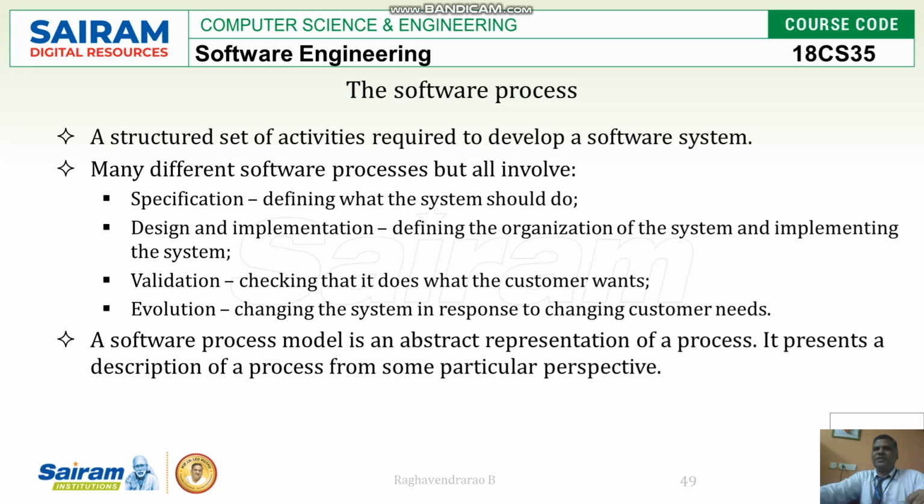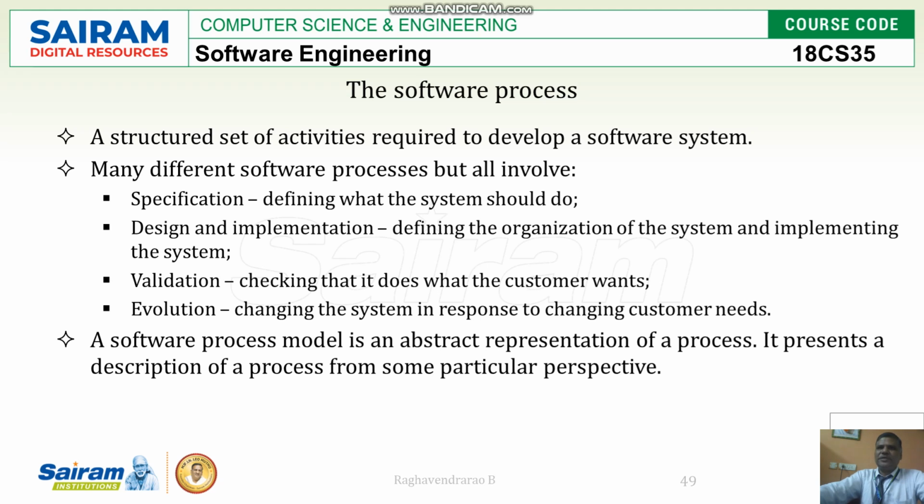First is the specification. Here it is defined what the software should do. Okay, what is the specification? SRS, that is what we will get. Based on that, the design and implementation take place. Once the design and implementation are done, we validate that particular product or system.